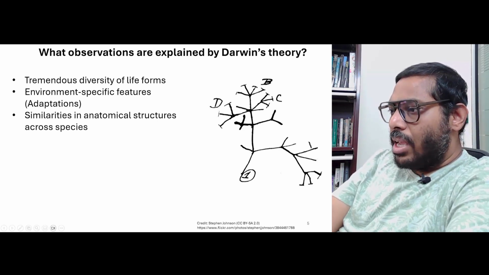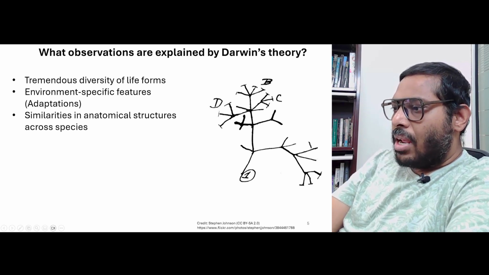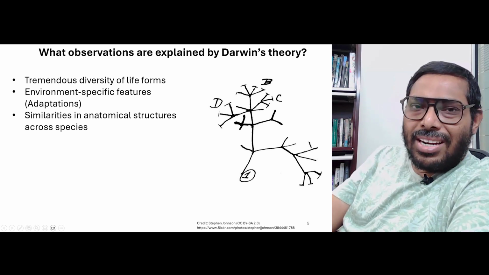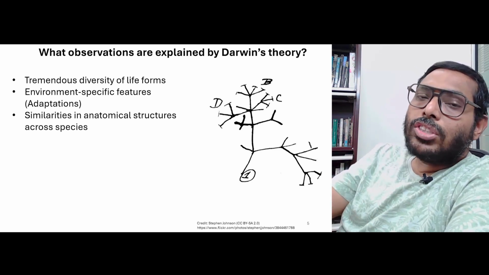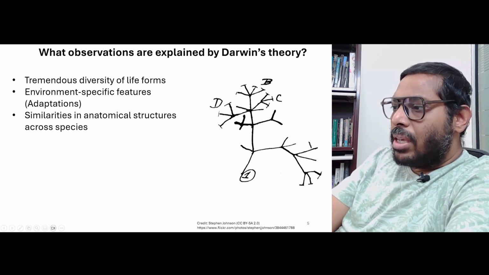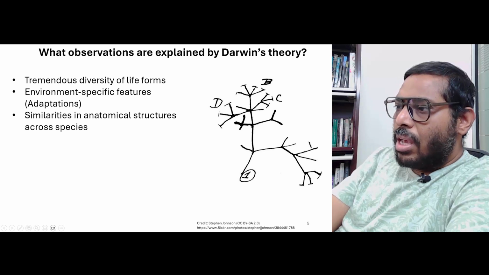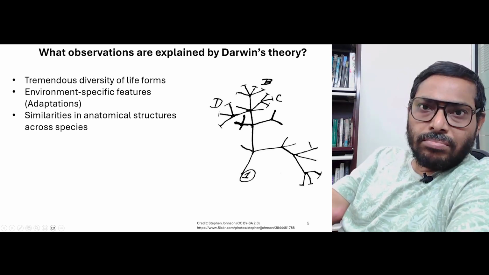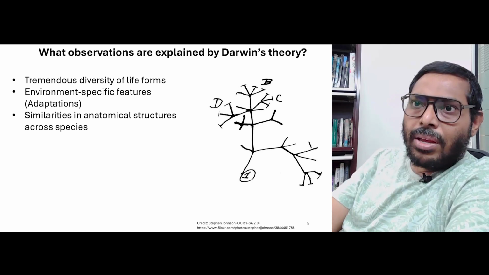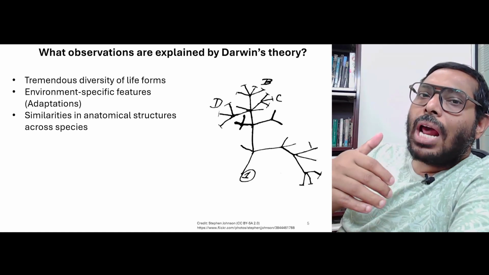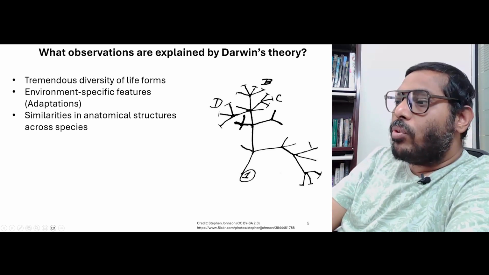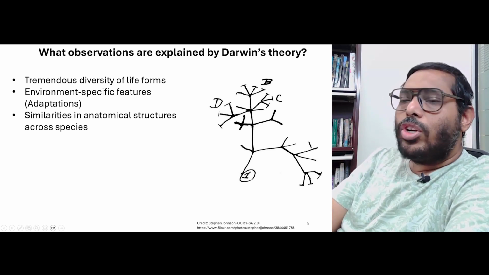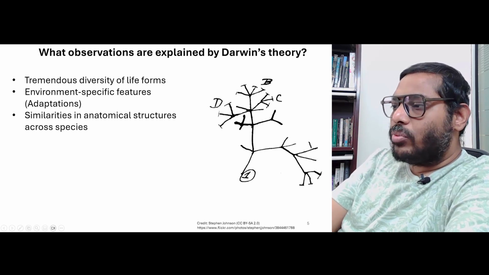So, if you have, let us say two species which had a common ancestor relatively recently in past, then that means they are going to share lots of features with each other. Whereas, if you compare, say, this species with this species which had a common ancestor much earlier in time, then obviously they have had more time to change, they have had more kinds of environments to adapt to, and therefore, their features are not going to be as similar as, let us say, this one and this one.